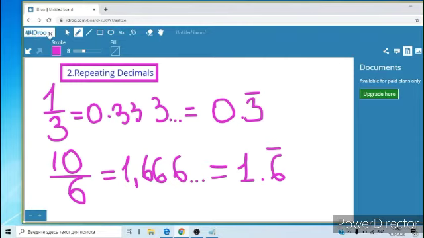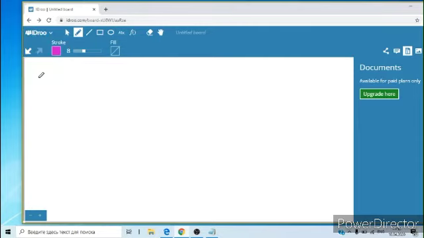Okay, let us solve an example. Let us divide 10 by 3. How can we calculate this fraction?